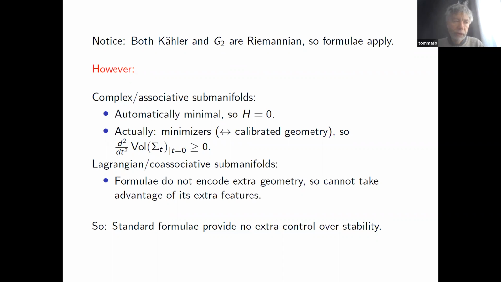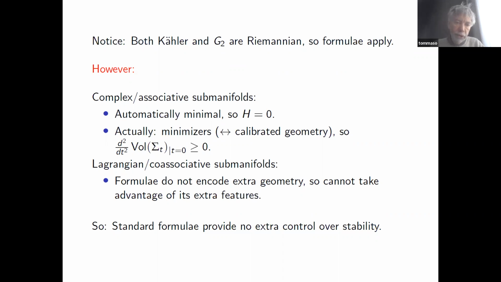And so H is 0, so the first variation gives the value 0. But actually, they are also always minimum points. And so the second variation is always non-negative. And in both cases, you see that it is not necessary to actually use the formula. You already know what the answer will be.